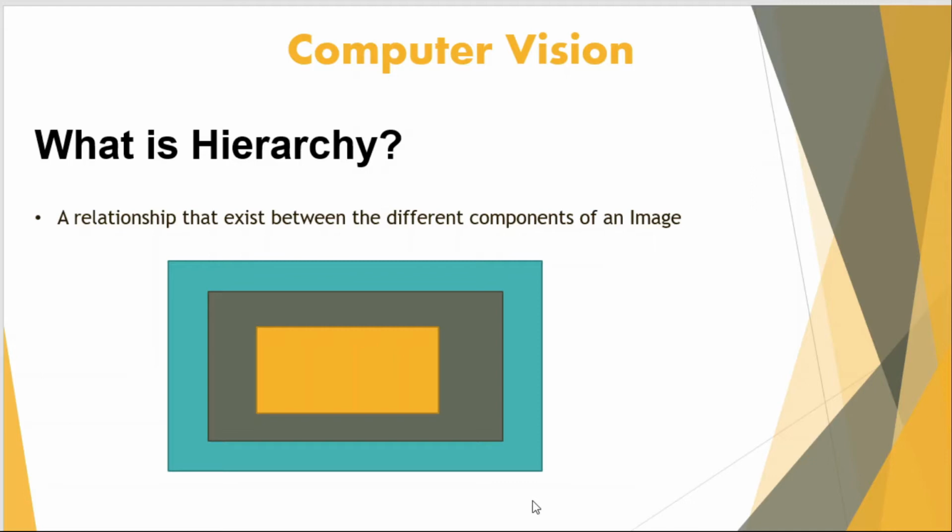This idea can be extended to this image as well, where we have multiple levels of hierarchy. Blue is the parent of the gray one, and in turn the gray one is the parent of the yellow one. We can also specify how one contour is connected to another, like whether it is a child of another contour or a parent, etc. The representation of this relationship is called hierarchy.